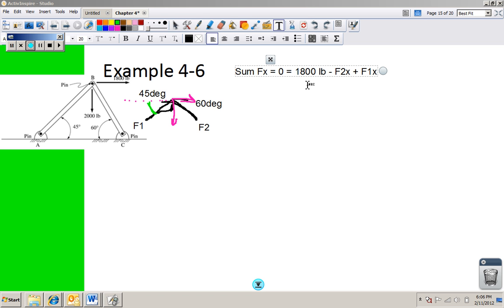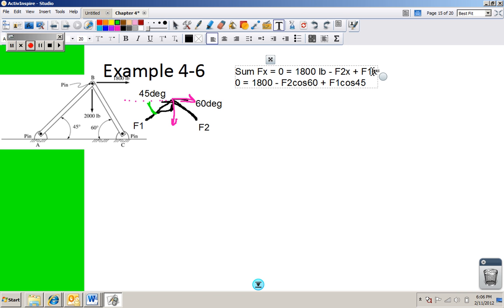We've got 0 equals 1,800 minus F2 cosine 60 plus F1 cosine 45.